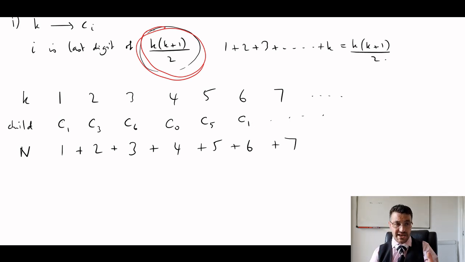This is exactly what's happening with the index of the Cs, where we go C1, C2, C3, around to C9, C0, C1, C2, C3, and so on. So we can see how the behavior of the index of the Ci, the index being this i here, and the final digit of n are going to match up.